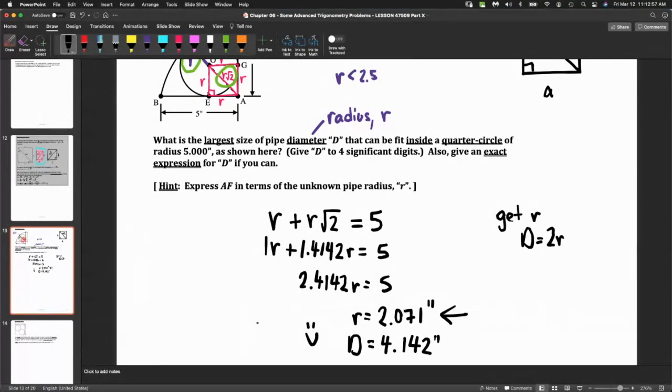There's 5 steps here. Which step? The 2.4142? This part here? r plus r root 2. This part here? Oh, the top. Okay.